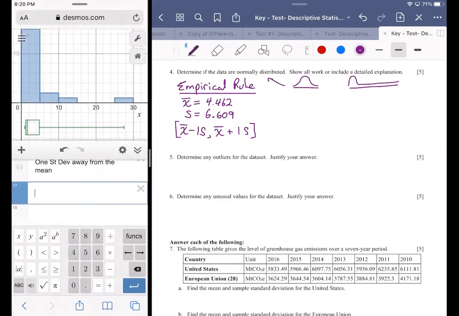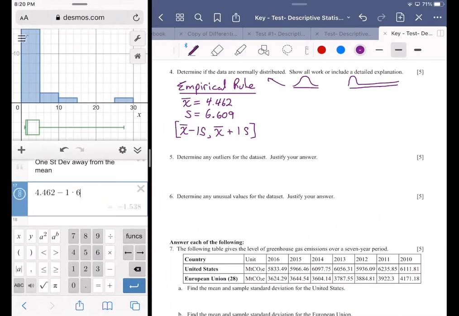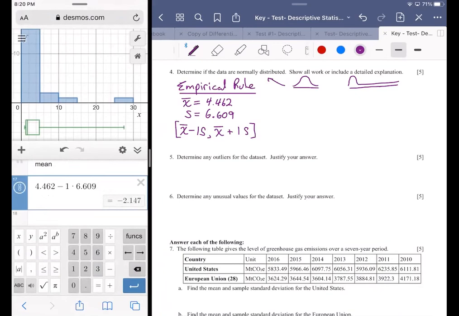That's my first computation. So it's going to be 4.462 minus, I'm going to type in the 1. We talked about this when we did it the first time, a couple weeks ago. I type in the 1 because I'm going to duplicate this and change the 1 into a 2 later on if necessary. That would be my low bound.